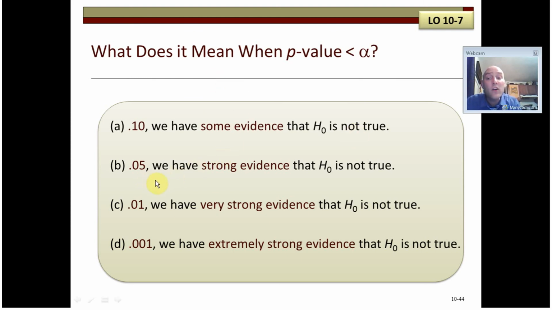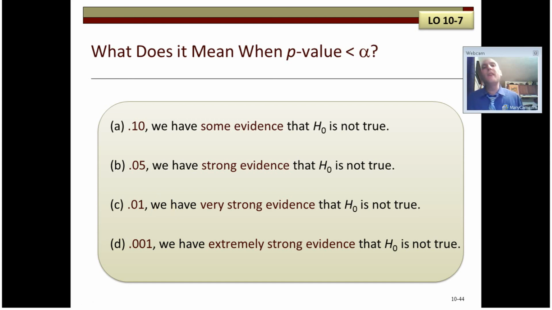If our p-value is here, well, like a 0.04, we have strong evidence to reject the null. If we have a p-value here, 0.009, less than 0.01 as it were, we have very strong evidence to reject the null.